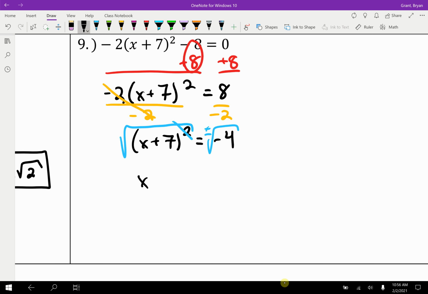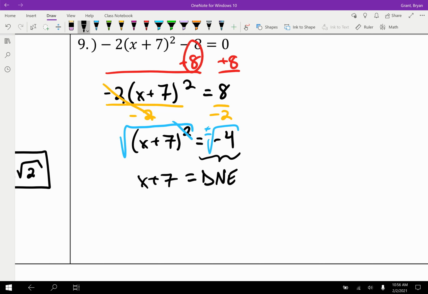And we end up with x plus 7 equals, wait, didn't we talk about square roots of negatives earlier? I don't think we can do those. In fact, I think we said that they were not real numbers. And in this case, that is true. The square root of -4 does not exist. And so what do we say here?